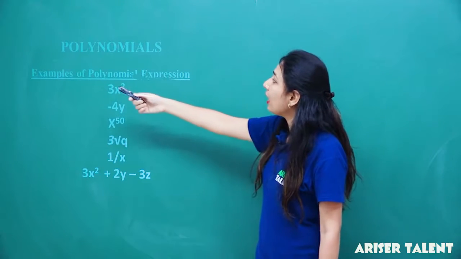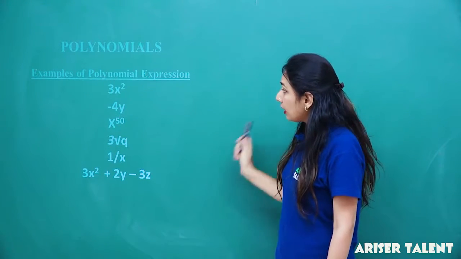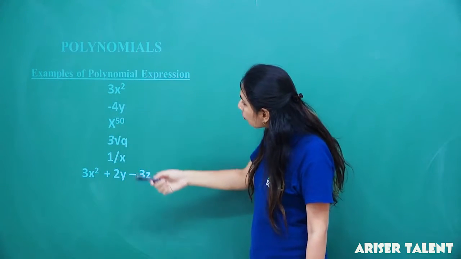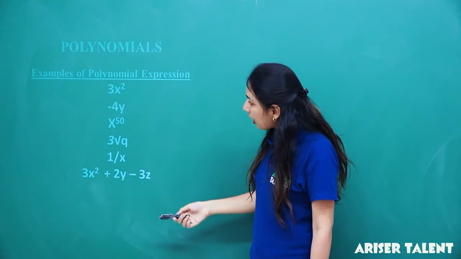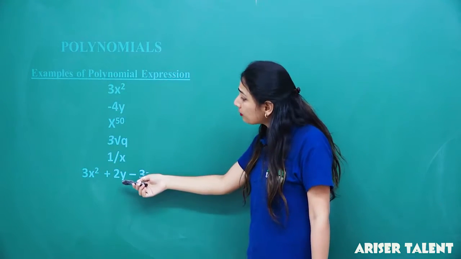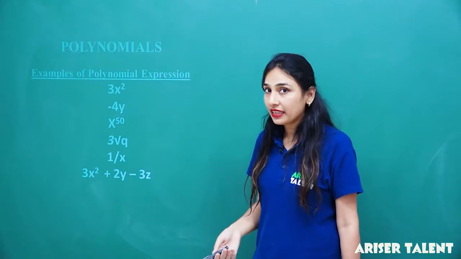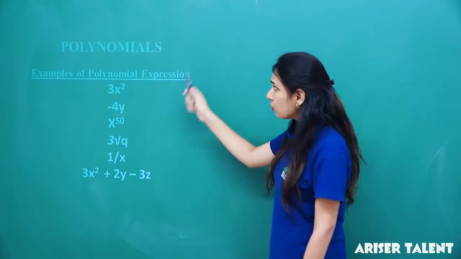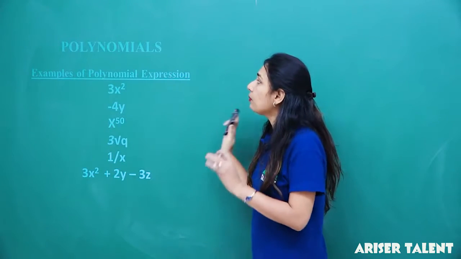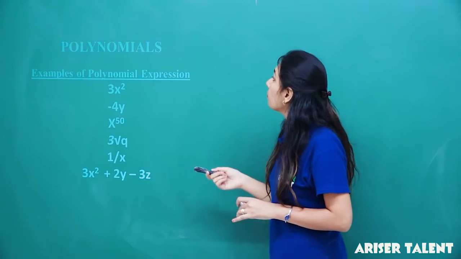Now we have done some examples of polynomial expressions, and we discovered that this is a polynomial, this is a polynomial, this is a polynomial, and this is not a polynomial, and this is also not a polynomial, and this is a polynomial but in more than one variable. So we know the difference between a polynomial expression and a non-polynomial expression now.